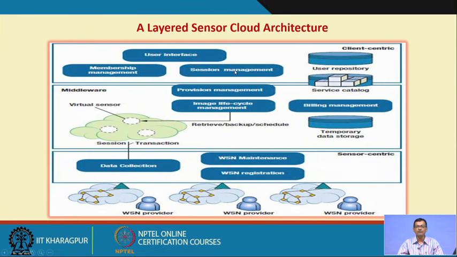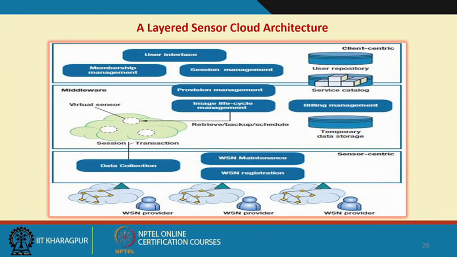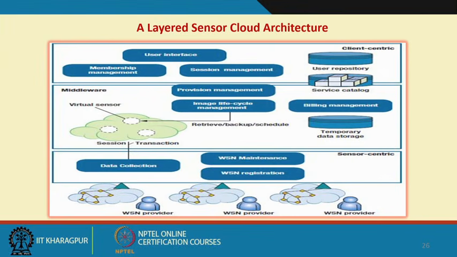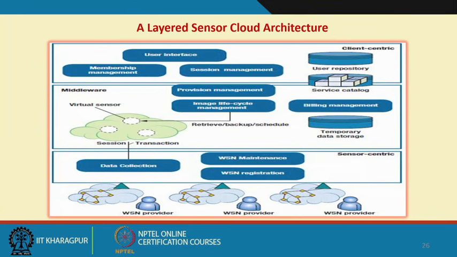So, these are multiple layers: one is the physical underlying layer, where we have WSN registration, WSN maintenance and data collection, then the virtualization layer, and then the user interface to connect to the things, and there we can have other components like user repository, data repository, session management, membership management and so on and so forth. So, there are a variety of things which can be there.